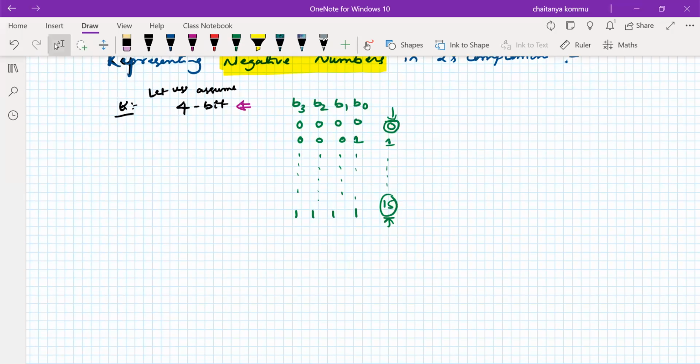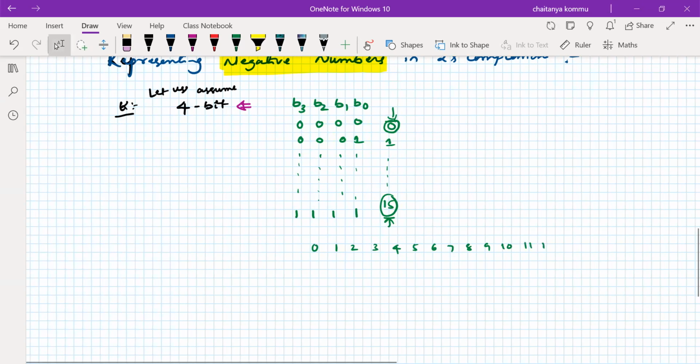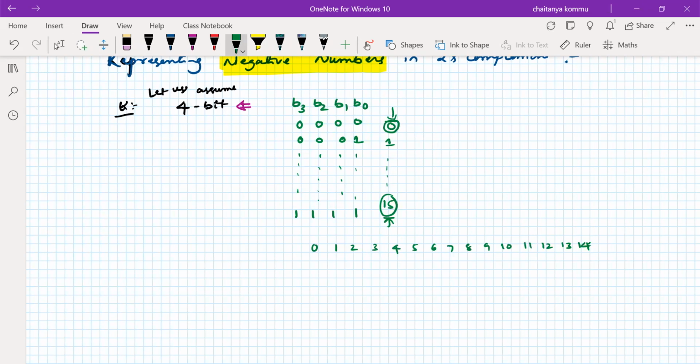Starting from 0, 1, 2, 3, if I'm using the 4 bits, I'm able to represent 0, 1, 2, 3, 4, 5, 6, 7, 8, 9, 10, 11, 12, 13, 14, 15. These are what we call unsigned numbers.